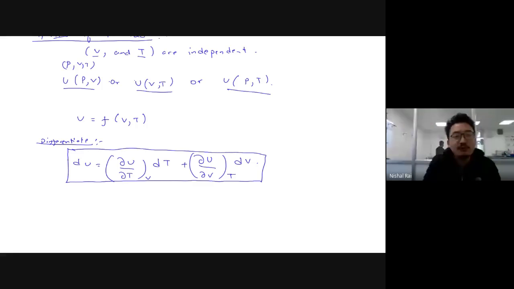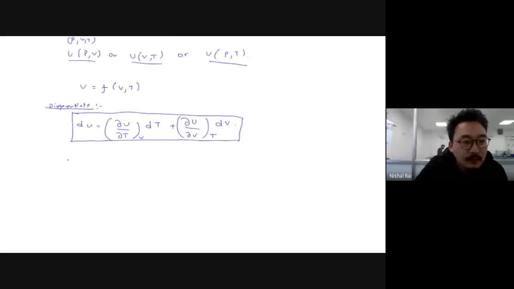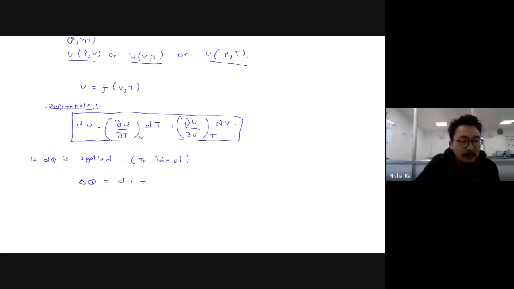If dQ amount of heat is supplied to the system, say to an ideal gas, then what will you get? So basically delta Q was what? dU plus delta W, the change in energy plus the small work done.